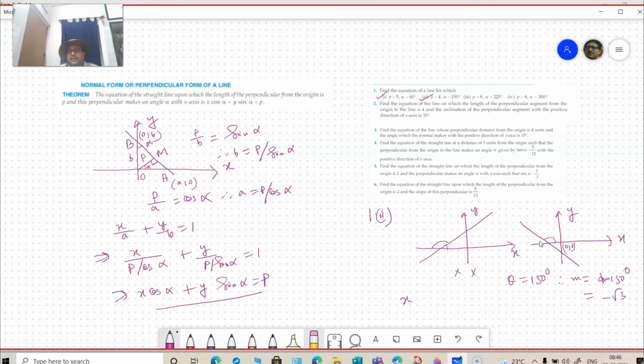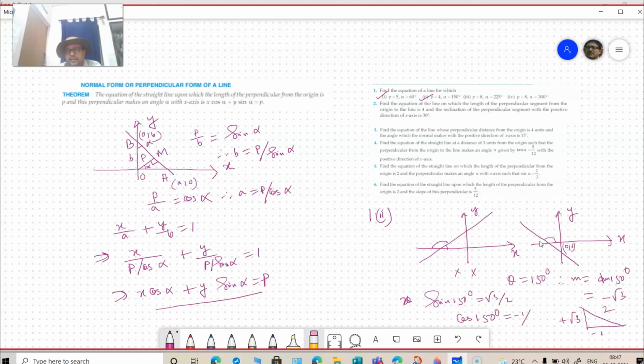If that angle's tan value is minus root 3, then this will be minus root 3, this will be 1. Or this is root 3, this is minus 1. Then by taking that angle, you can write cos of this is equal to 2. So sin 150 degree is going to be root 3 by 2.